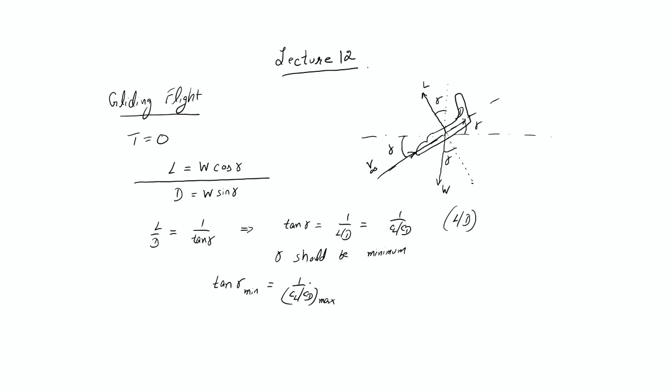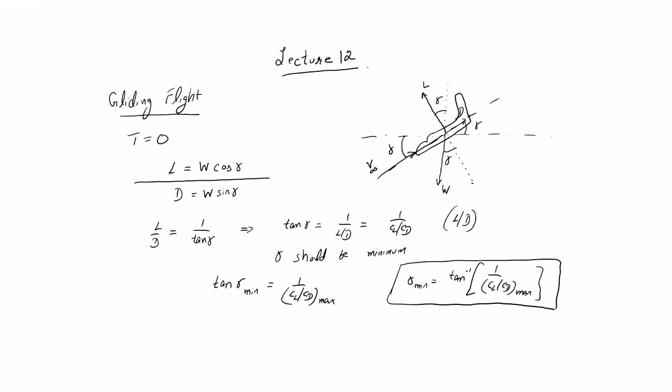Now we can write gamma minimum equals tan inverse of 1 upon CL by CD maximum. Now remember this condition, CL by CD maximum? Yes, we already discussed this condition. We have to fly at thrust required minimum to get this CL by CD maximum.